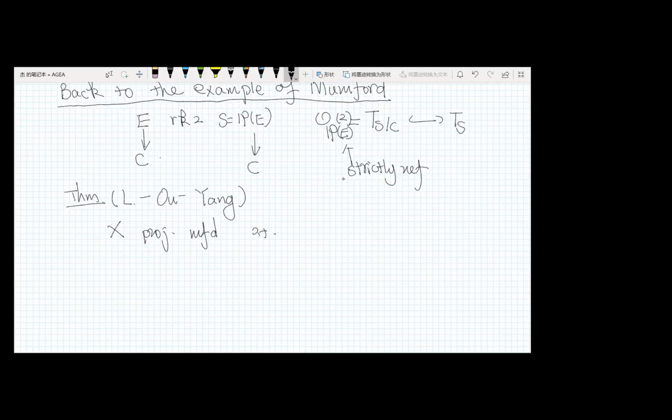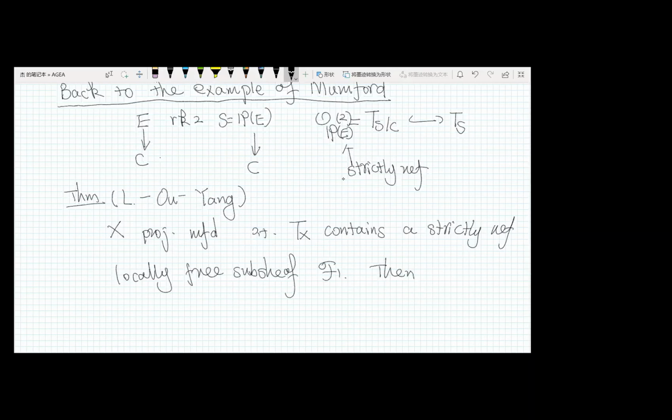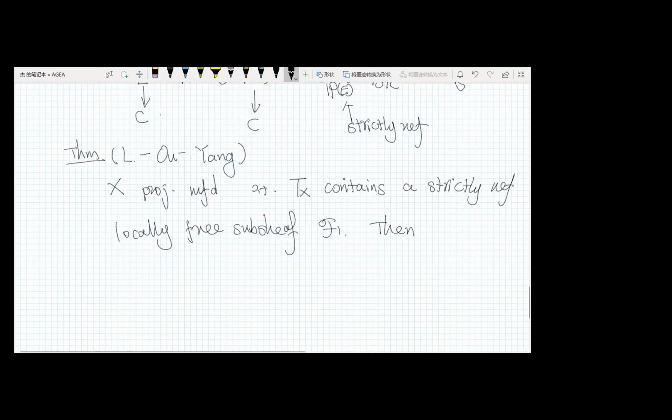such that the tangent bundle of X contains a strictly nef, locally free subsheaf F. Then we have two possibilities for X. The first one is X is isomorphic to the projective space P^n, and F is ample in this case.